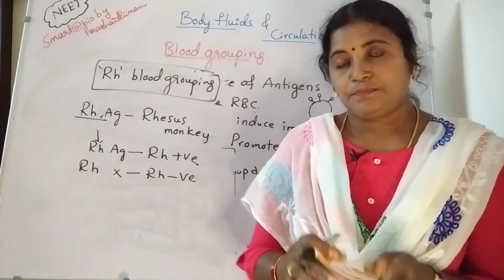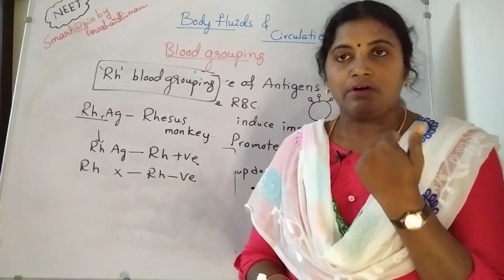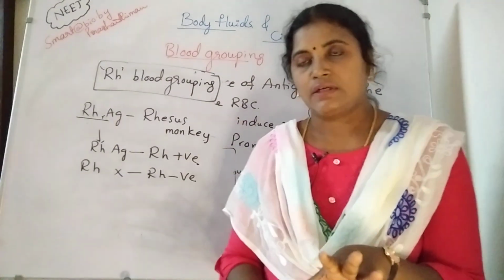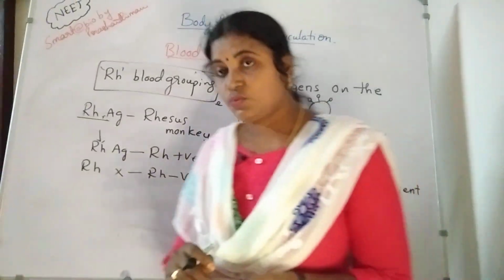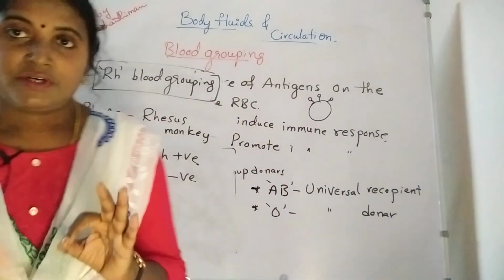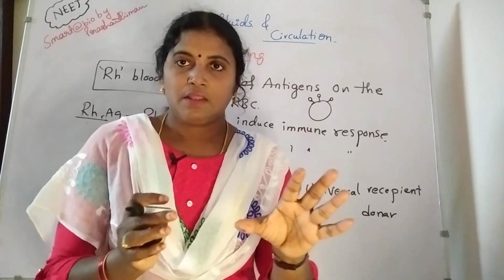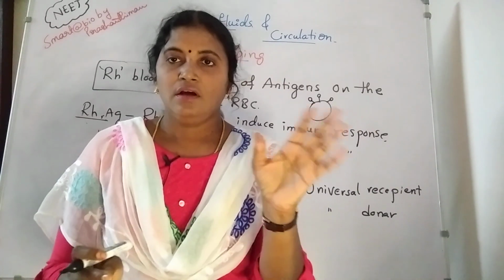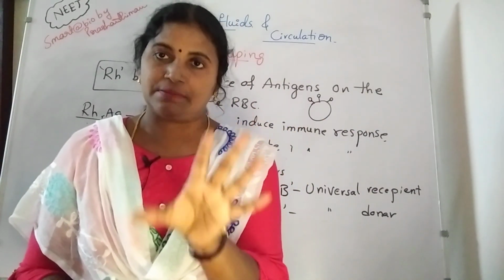RH positive person contains the RH antigen, and RH negative does not contain any antigens on its blood cell. Next one, very important topic, that is if a child has a different blood group from the parents.